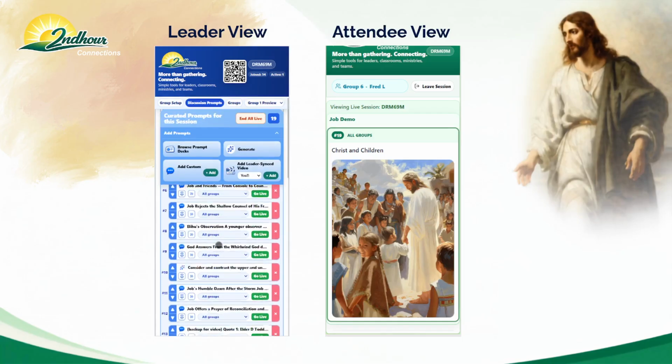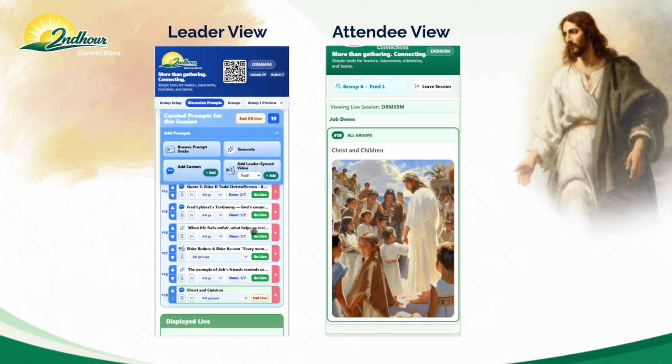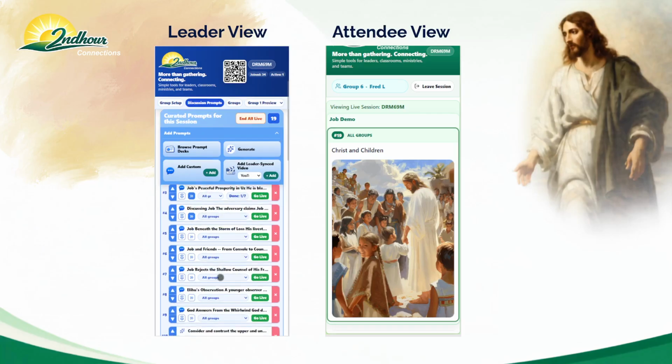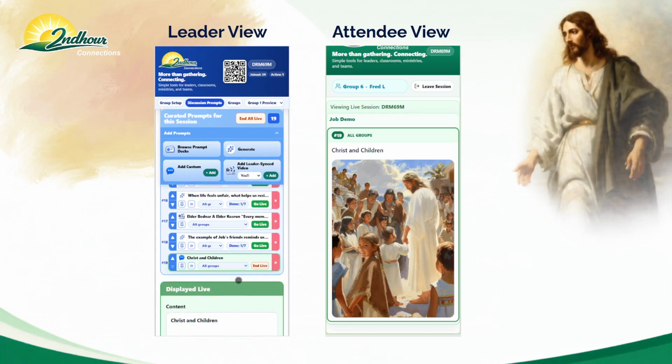At some point I'll probably do a more formal demo of the whole lesson plan, but at this point I'm just trying to cover all of the features. On a small screen format, you can change the order of your prompts, so you can arrange them however you want.